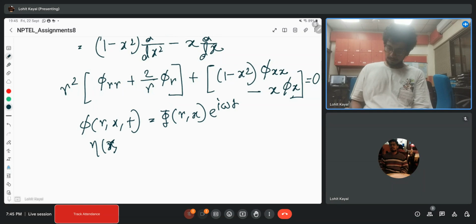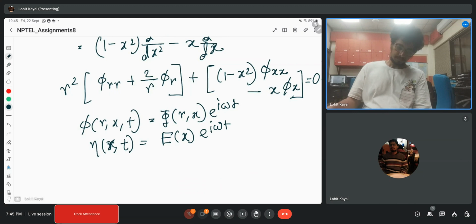Theta x t is equal to e to the power i omega t. Okay.